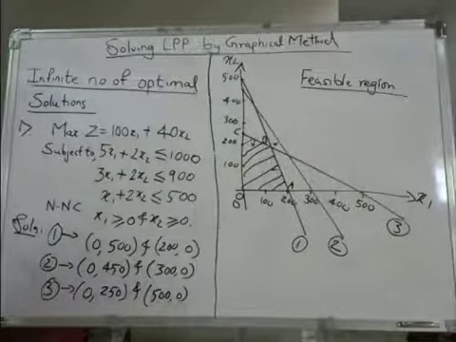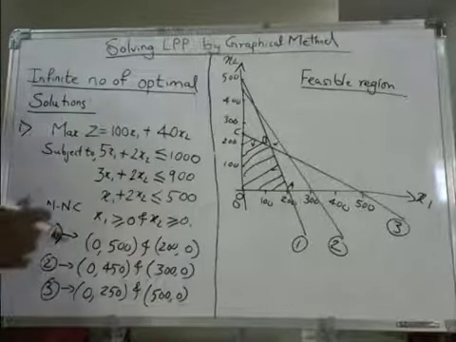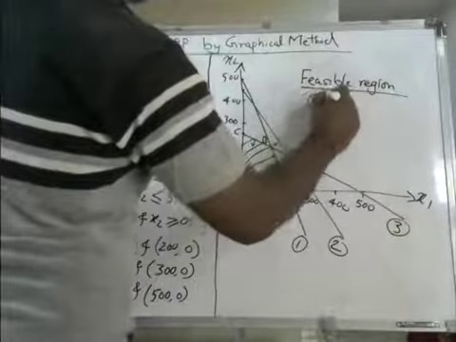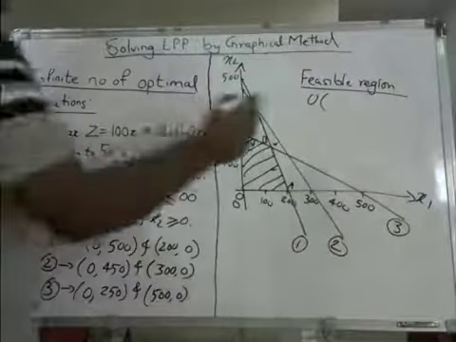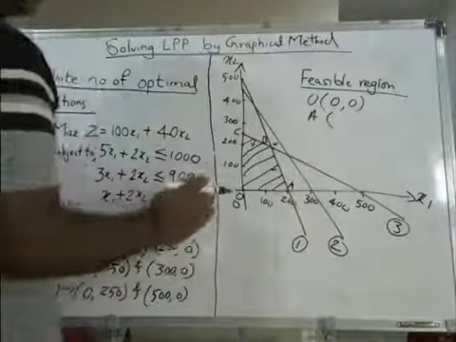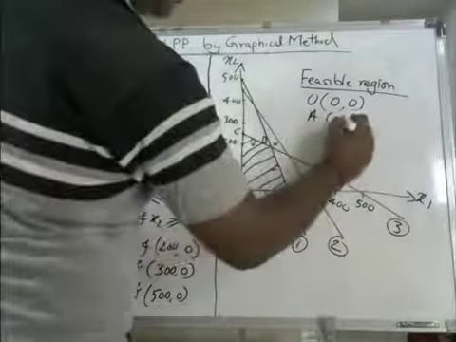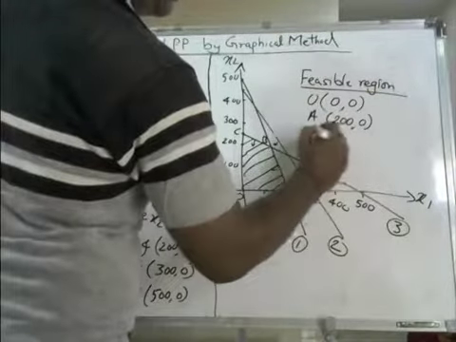Now, if we see the coordinates, O is 0, 0. Now A is on the x1 axis, it is 200 on x1 and 0 on x2, so it is 200, 0.